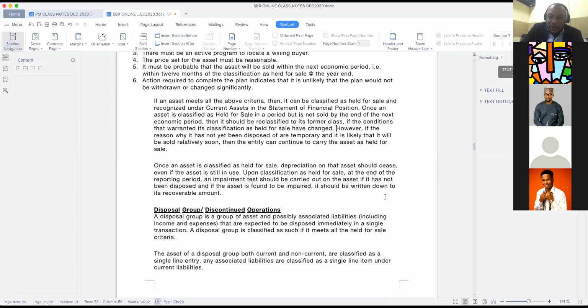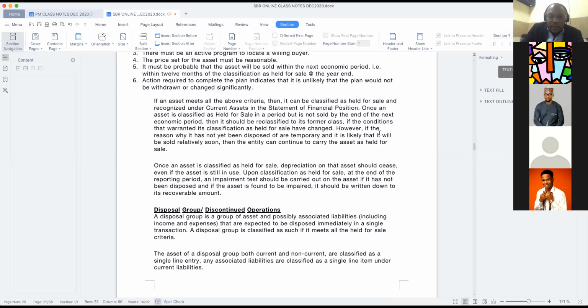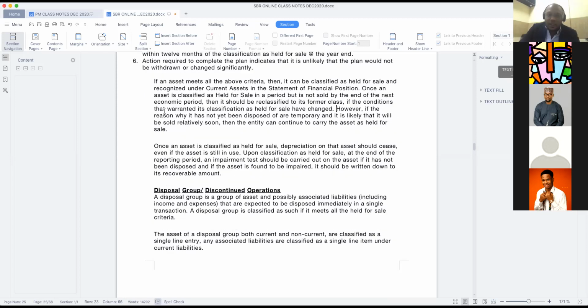However, if the reasons why it has not yet been disposed of are temporary, and it is likely that it will be sold relatively soon, then the entity can continue to carry the asset as held for sale. So we're just re-echoing what we said earlier.